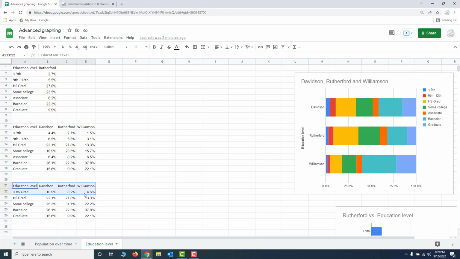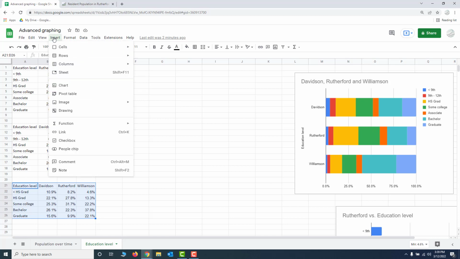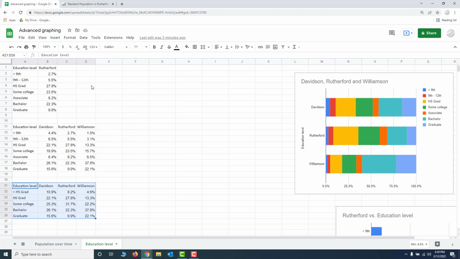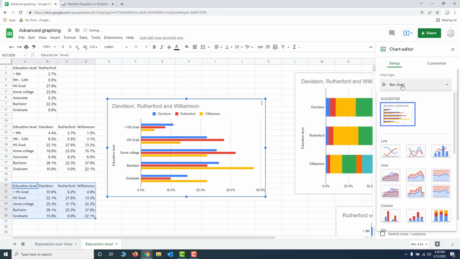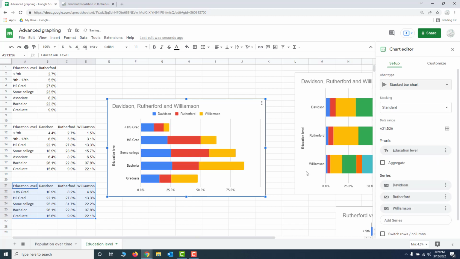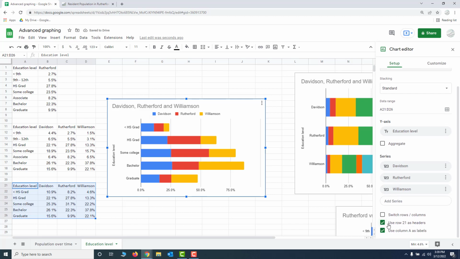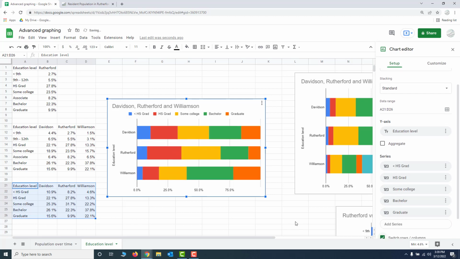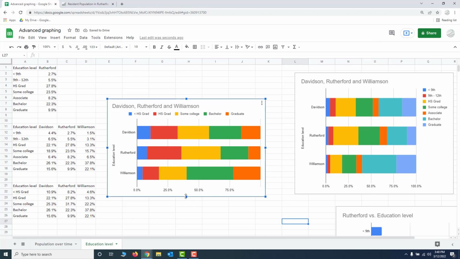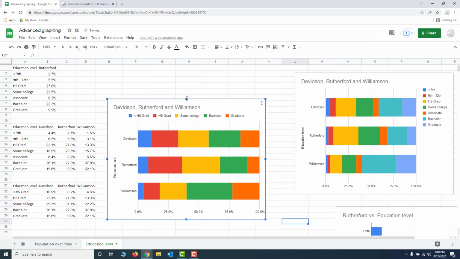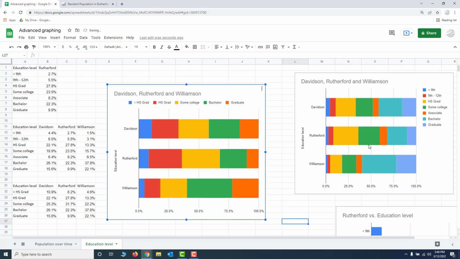But if I graph this in the same way that I graphed these over here, watch what happens. Okay, so it's still a little complex, but less so because I have fewer categories to deal with.